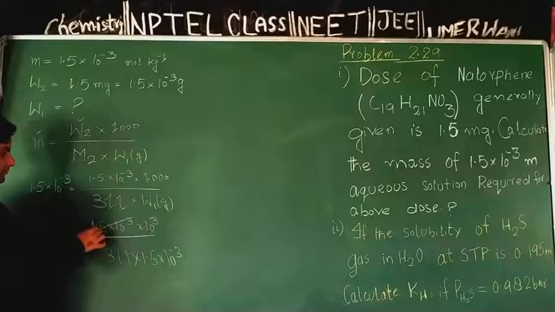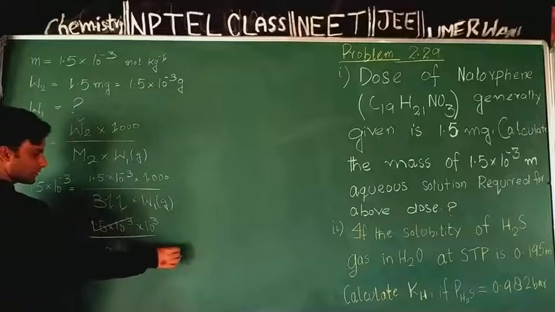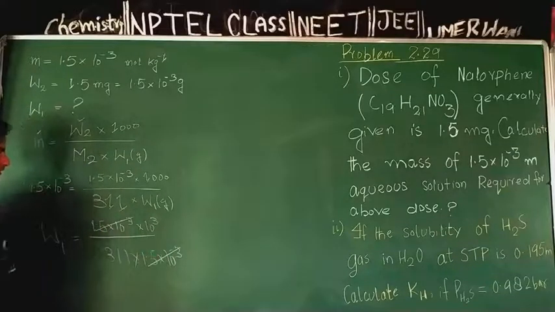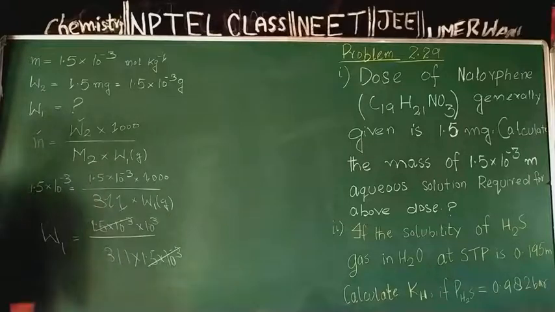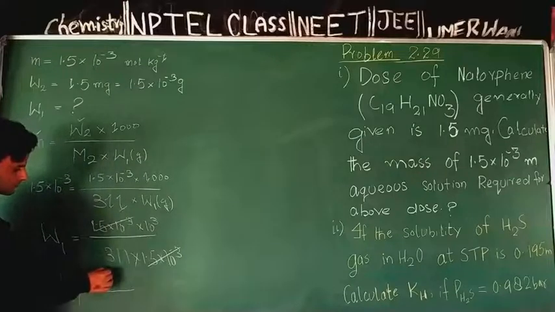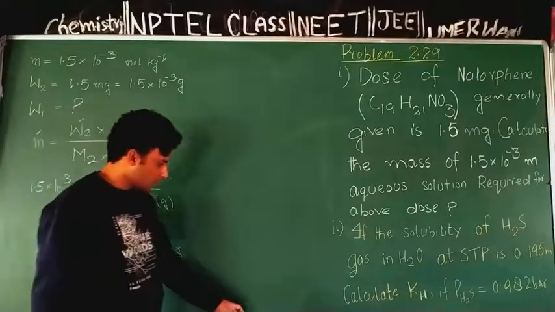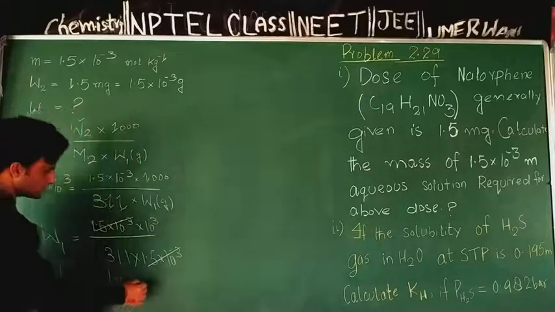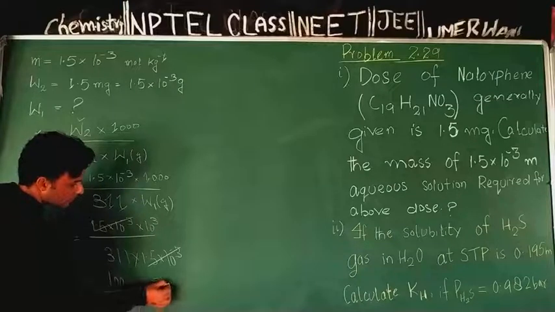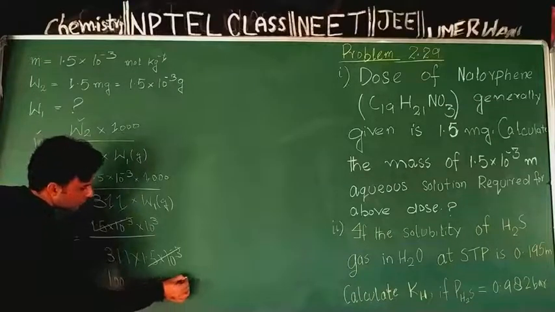The 1.5 into 10 to the power minus 3 terms will get cancelled. So W1 will be equal to 1000 divided by 311, and it comes equal to 3.2 grams.